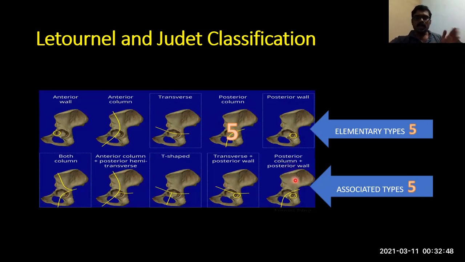So the classical both column fracture that you mentioned means an acetabular disruption or discontinuity from the sacroiliac joint. Though all the 4 types of the associated fracture are involving both columns. So that has to be drilled into your mind.